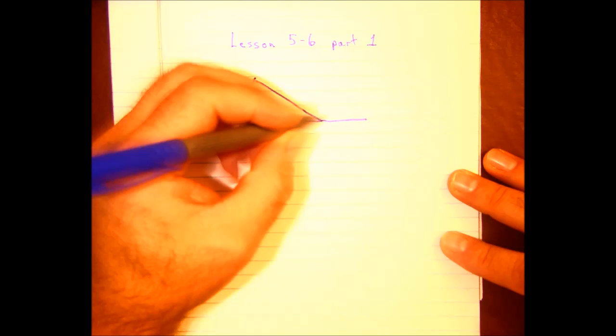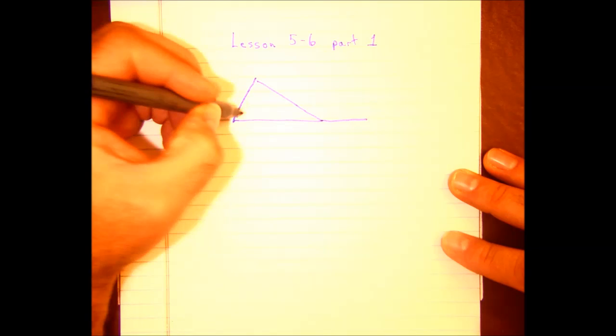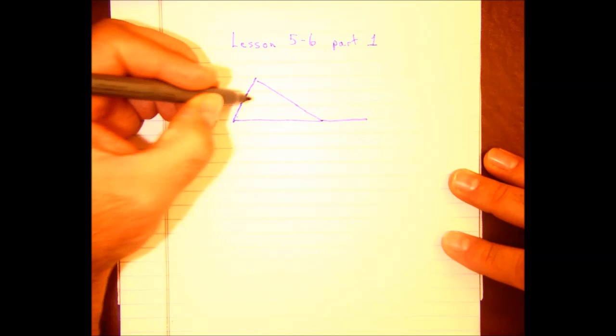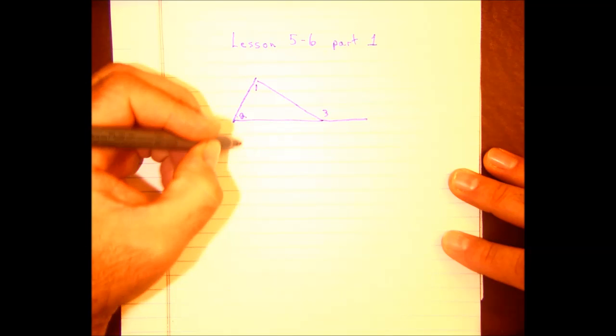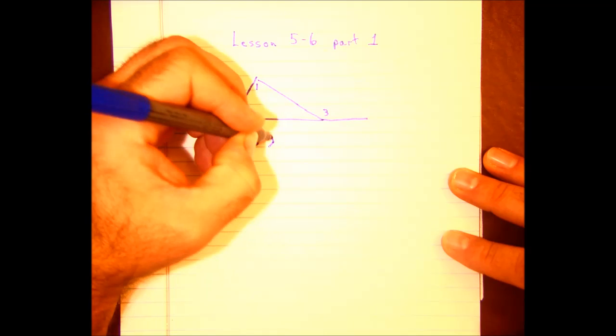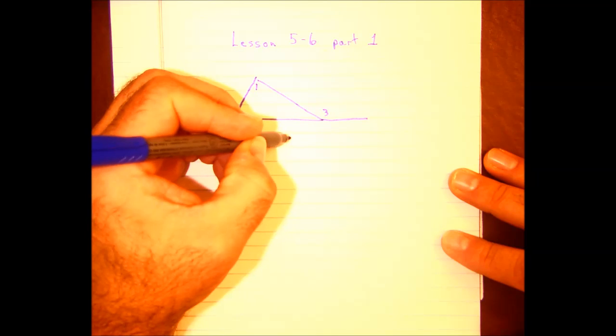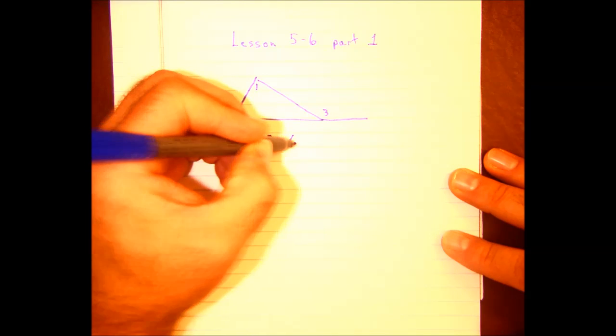It's understanding that your exterior angle is always bigger than your remote interior angles. So we're going to put some numbers here. And the numbers they use are like 1 and 2 and 3. So that means angle 3 is always greater than, notice the greater than symbol, angle 1.